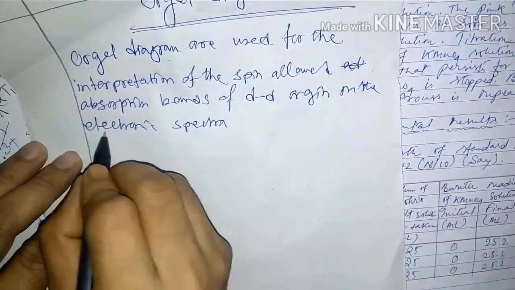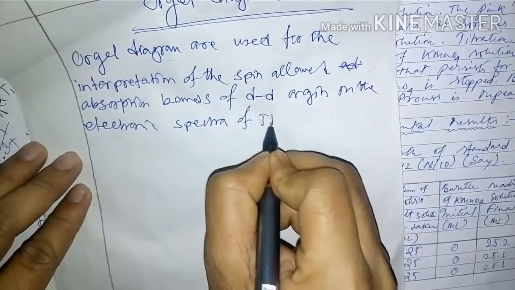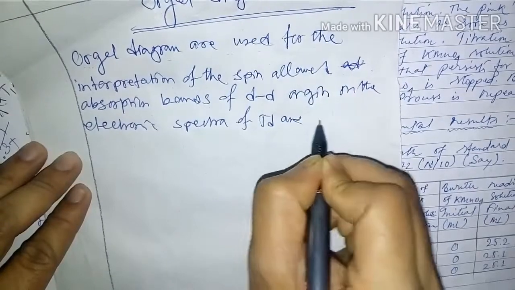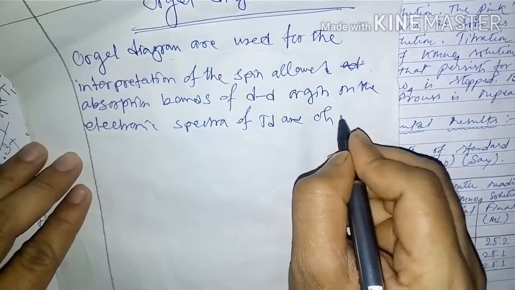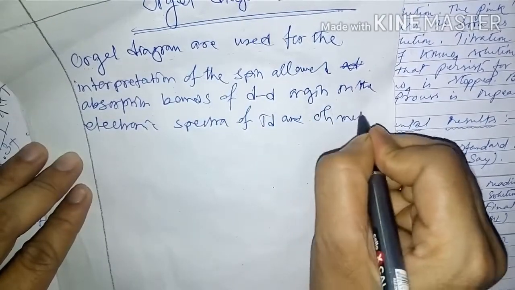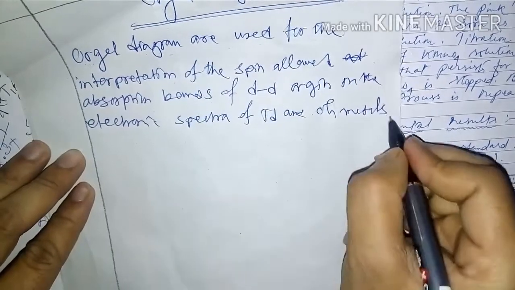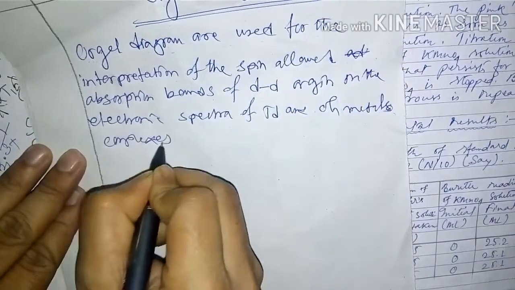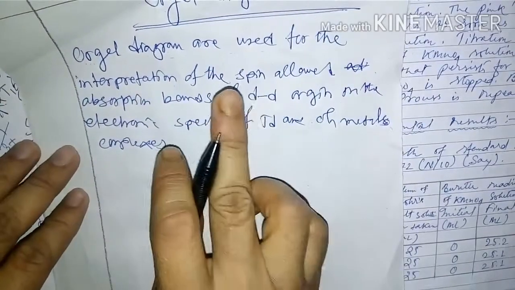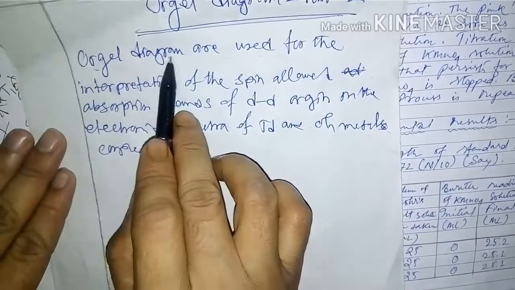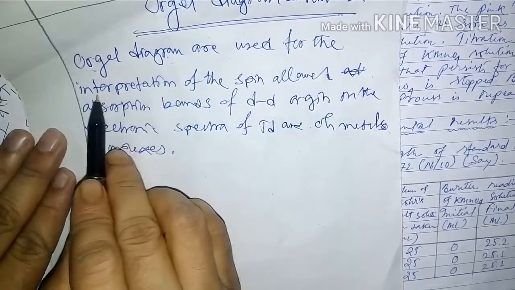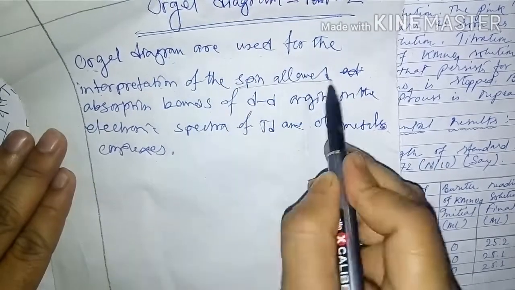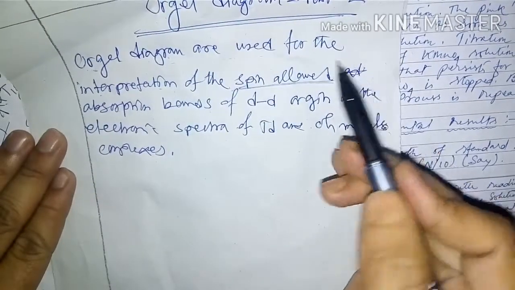Electronic spectra of tetrahedral and octahedral metal complexes. So this is the Orgel diagram. Orgel diagrams are used for the interpretation of the spin allowed bands; you know spin allowed and spin forbidden.